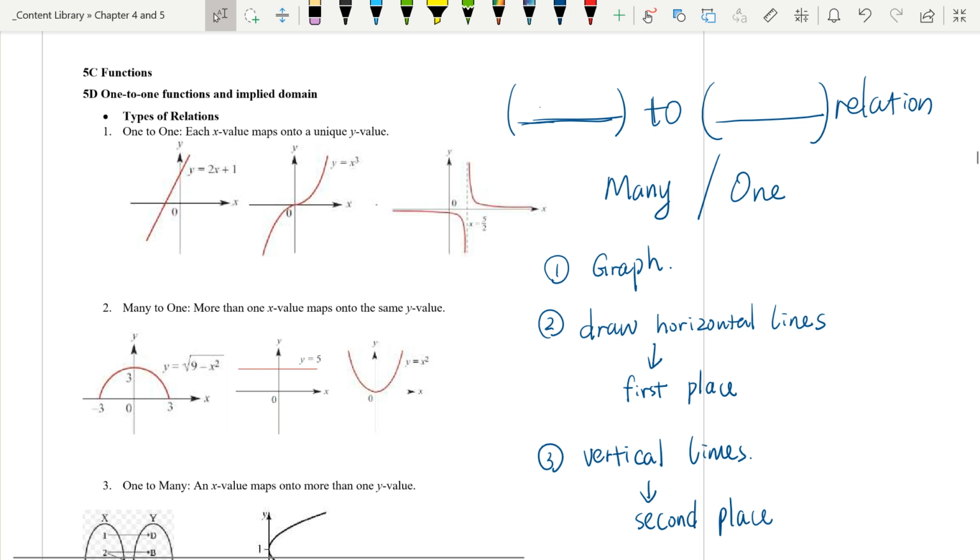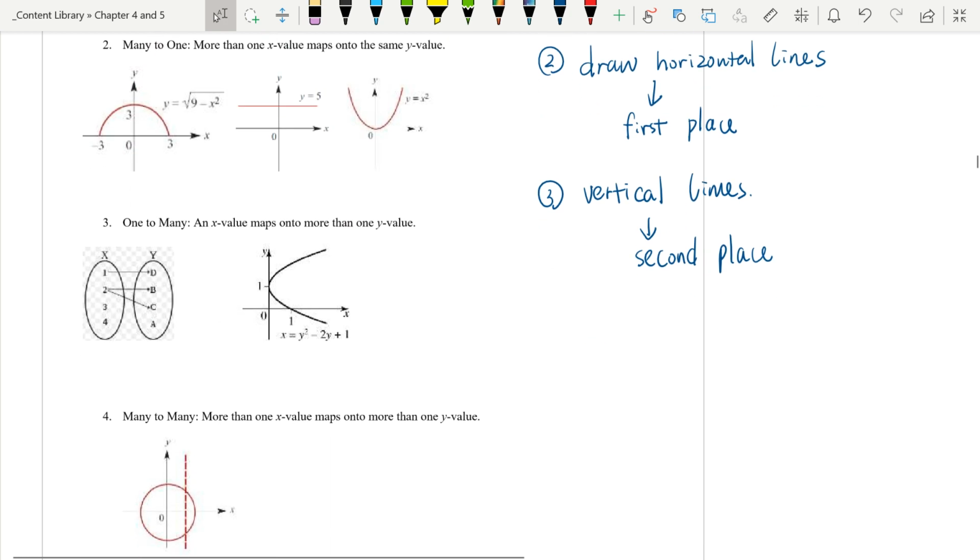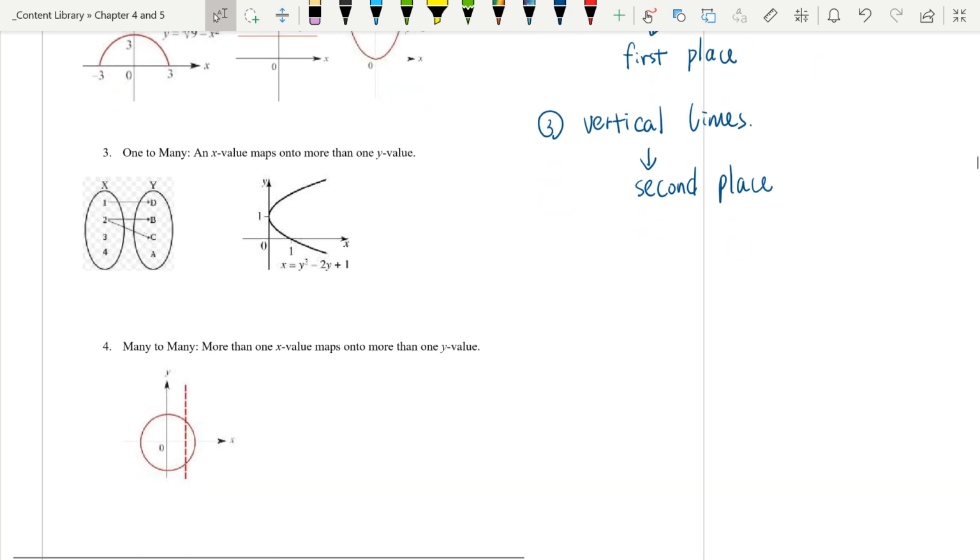For the second bracket we use vertical lines. How many times does it intersect? Anywhere, once, right? How about that one? One. How about this one? Once. Even though the horizontal line intersects twice, the vertical intersects once. Now if we look at the relation at the bottom, how many times does this one intersect?